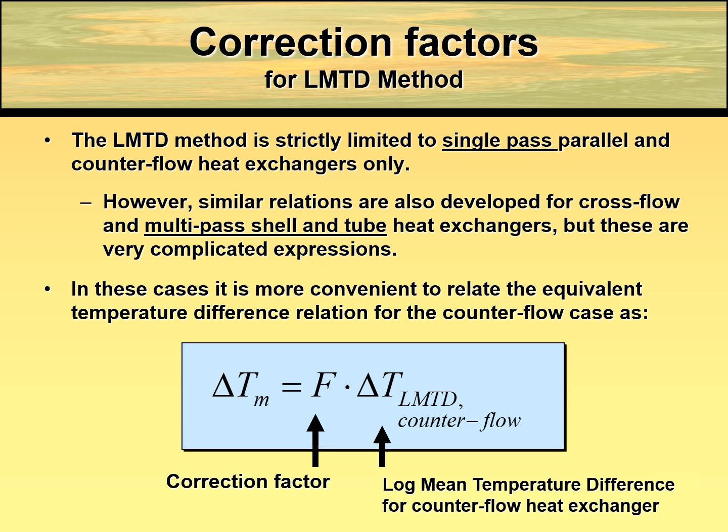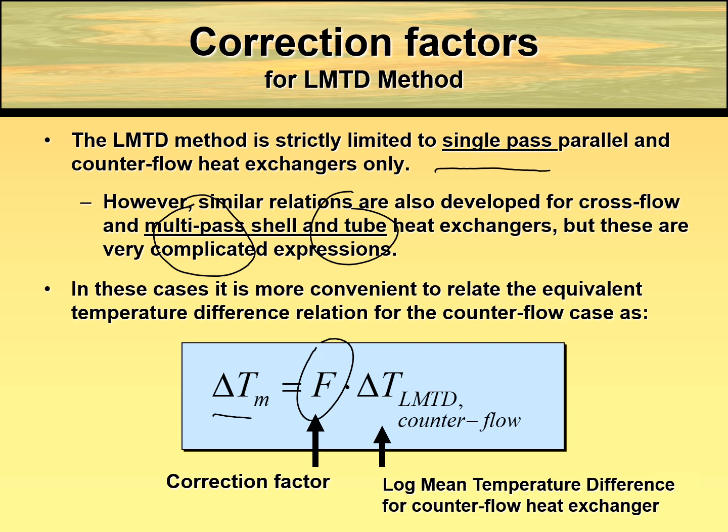So this LMTD method is strictly limited to single pass, parallel and counter flow. However, it can also be used for multi-pass shell and tube exchangers with the application of a correction factor.